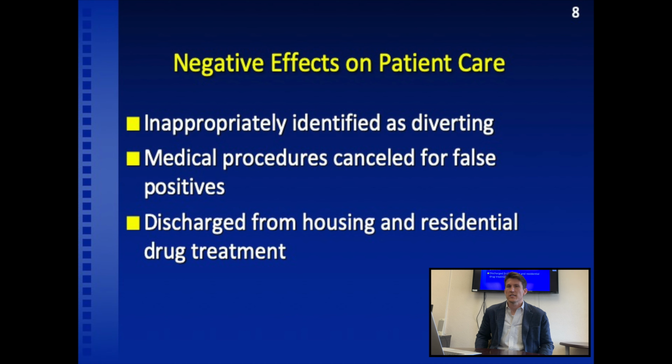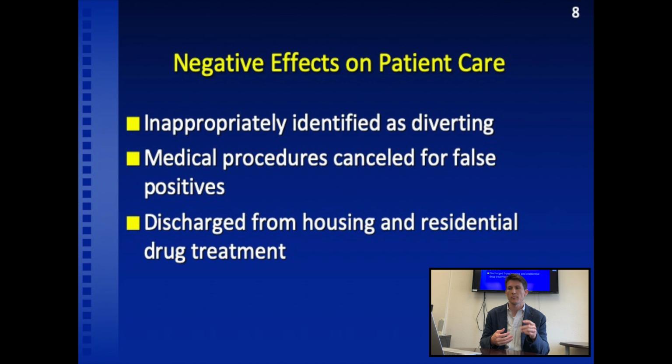So what are some things I've seen? One of the things I do at the VA is run the opiate treatment program, so I look at hundreds of these tests every year. I also have training as a medical review officer, so I get calls from all over the hospital to help interpret drug tests and figure out what's going on. Things I've seen are patients who have been told they're selling their drugs and cut off, even when they're not.